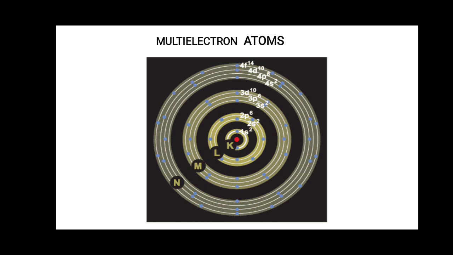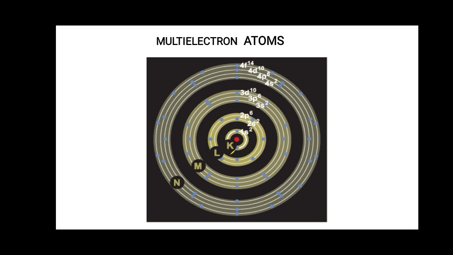The electrons in an atom are revolving around the nucleus in a certain permitted or fixed circular orbit. Suppose L is an orbit. Here are some electrons rolling around a permitted or fixed circular orbit with a definite amount of energy.